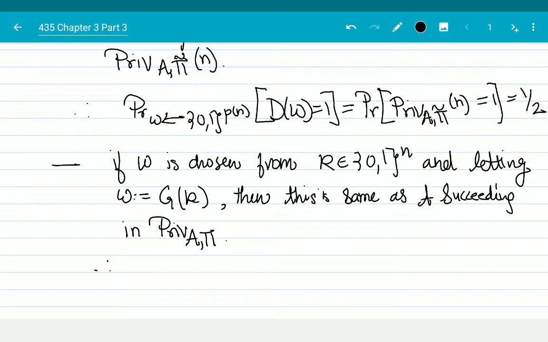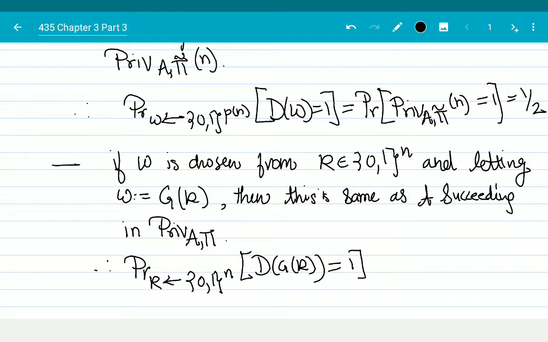Therefore, the probability of success if K is chosen from 0, 1 to the n, and then you take the distribution here and ask whether your experiment succeeds, is the same as the probability that the experiment succeeds on a pi of n is equal to 1.